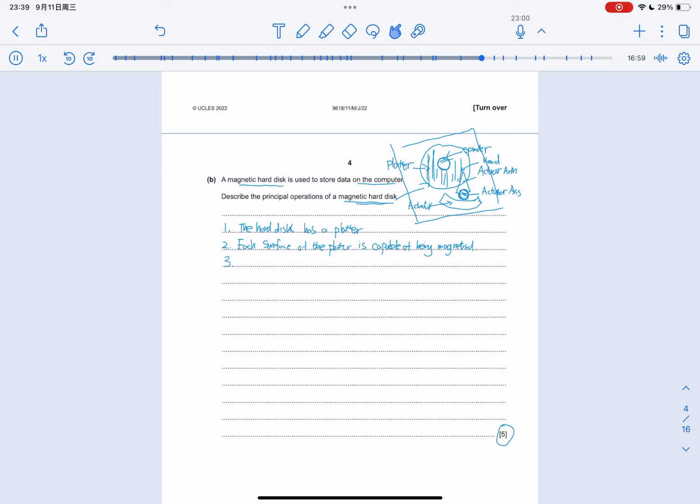Okay, here comes the third point. Since you can see the platter itself mounted on the center of the spindle, so it's put on the spindle, so it's mounted there. So we can list down the platter, or you can call the disc, mounted on the central spindle.